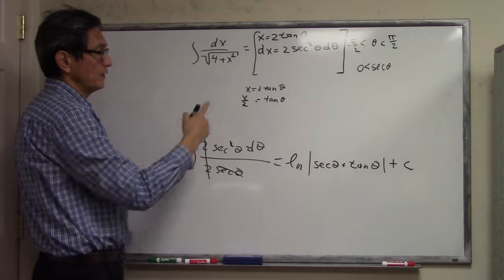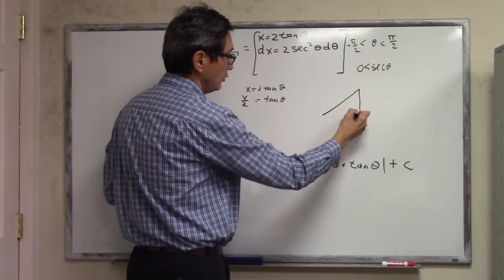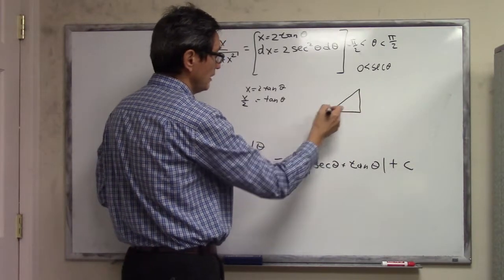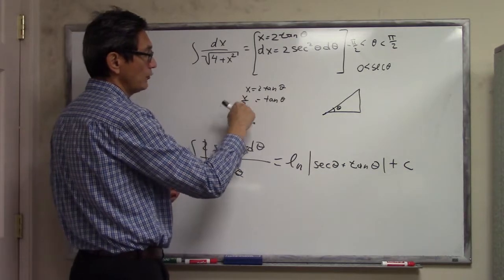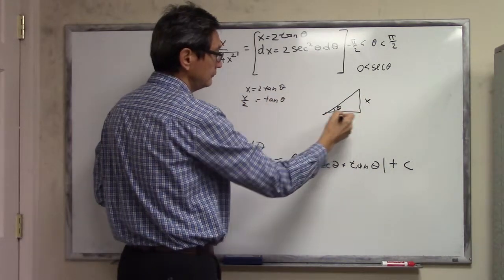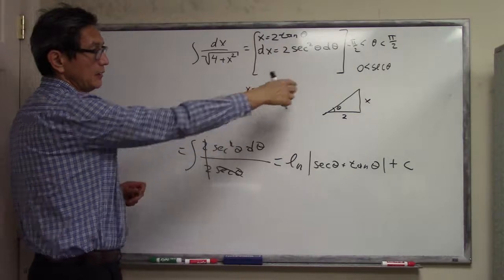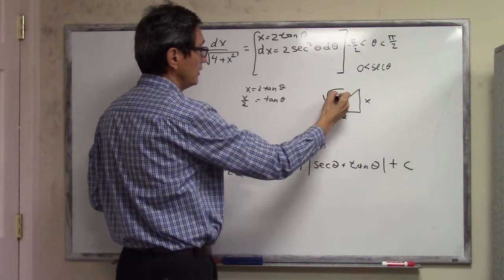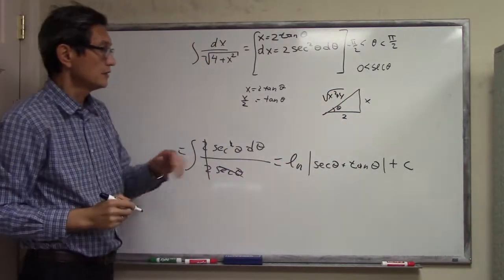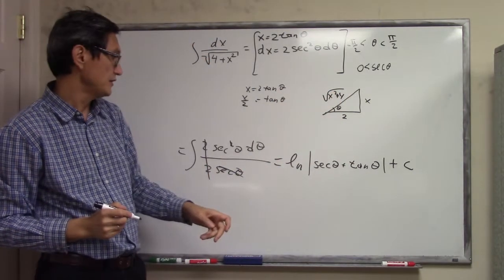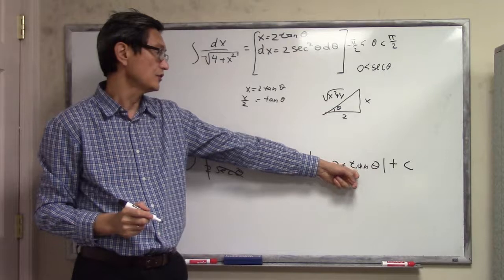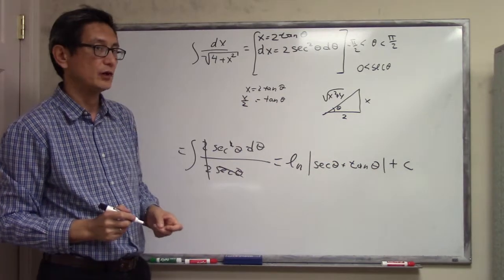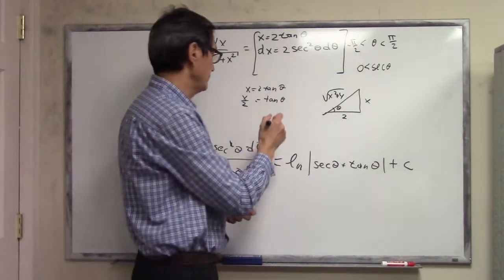If you look at the right triangle, tangent is opposite over adjacent. So the missing hypotenuse is the square root of x squared plus 4. So in this triangle, we already know what tangent is. Now we need to figure out what secant is.